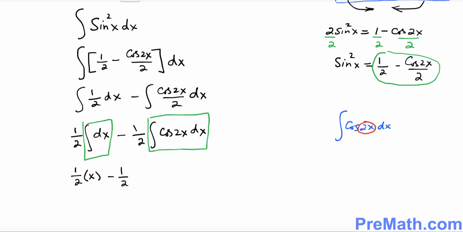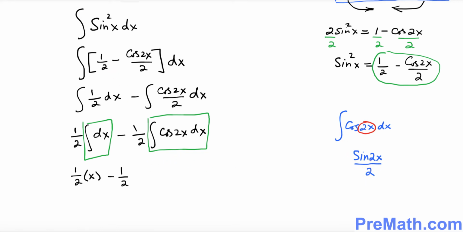We know that the integral of cosine is simply sine of whatever that argument is, 2x. Then take the derivative of this argument 2x. The derivative of 2x is 2. Whatever that is, you divide by that number, that derivative 2. That is going to be our answer.